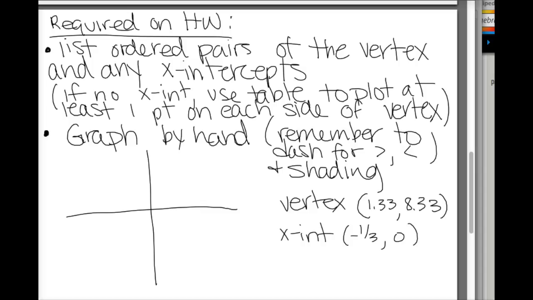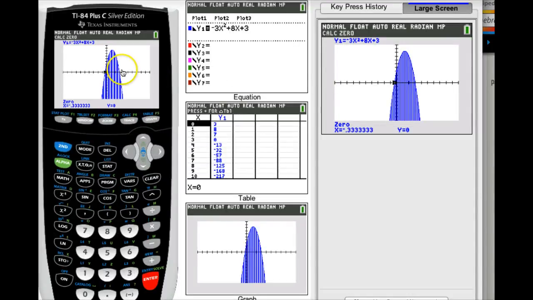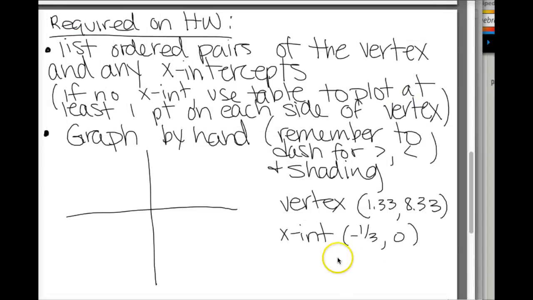Again, you can list the decimal if you want. Then find the other x-intercept, which is over here, second trace, choice 2. So left bound is right there. Right bound over here. Tell it to guess. And that one comes out evenly. It's at 3, 0. So there's our other x-intercept.